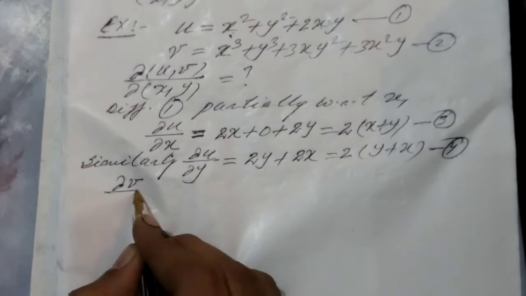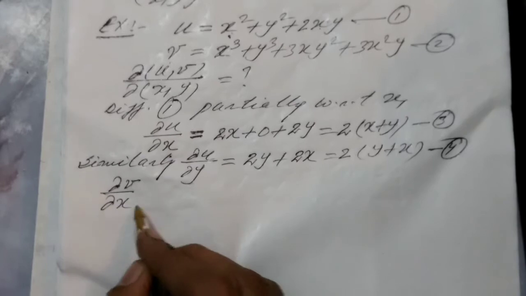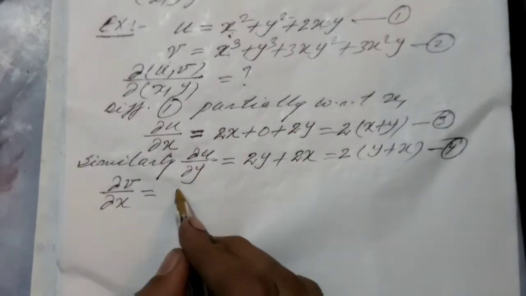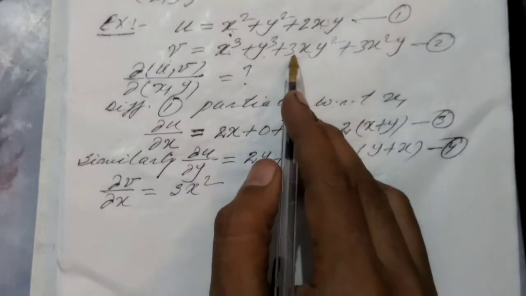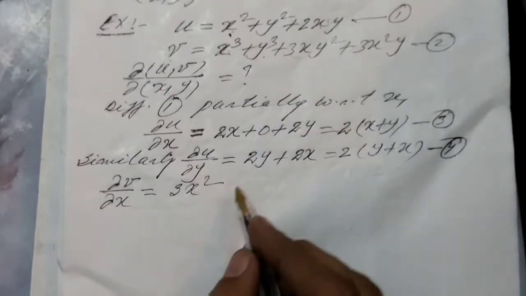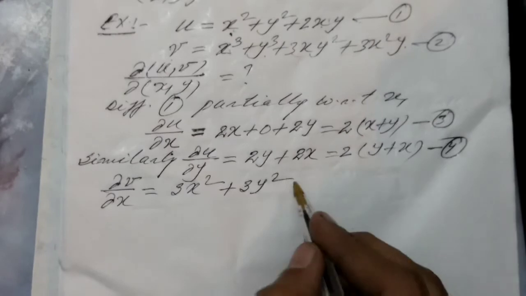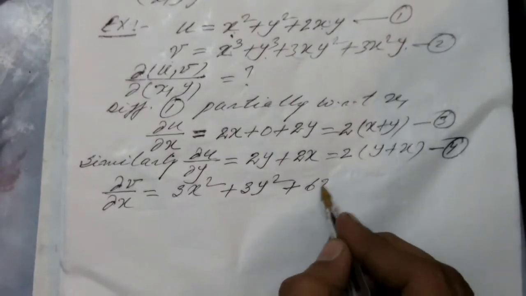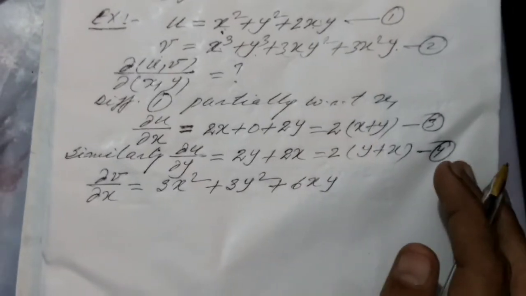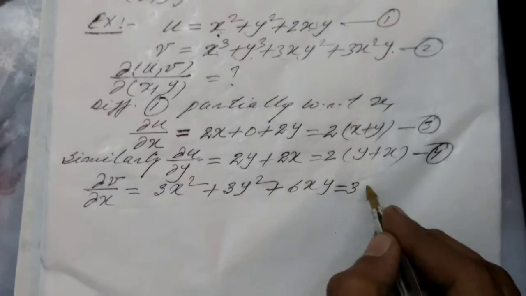Similarly, we may find the partial differential of v with respect to x, del v over del x, that is 3x square. Differential of y cube is 0, and the differential of 3xy square is 3y square, and differential of 3x square y with respect to x partially is 6xy. So here we may take 3 common.